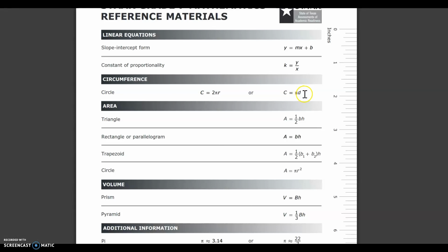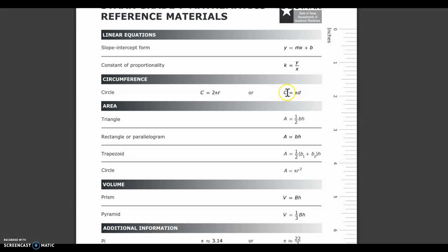I choose which formula based on the information I was given. If I'm given the radius, I'm going to use this formula here, which is 2 pi r, because the r stands for radius. I also know that 2 times the radius gets me the diameter. So ultimately, it's the same process, but if I'm given the diameter, I'm going to use this formula here for circumference.